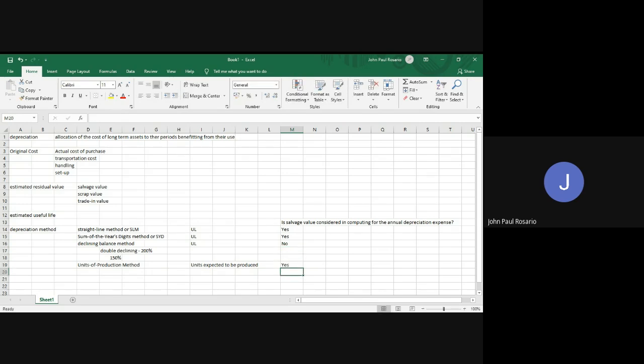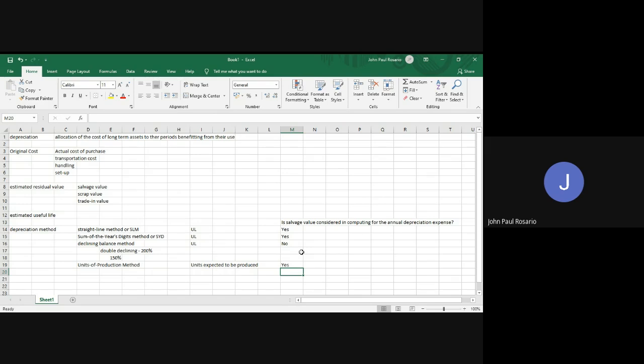So you always have to remember that when using the declining balance method, your salvage value will not be considered during the calculation, but it will be considered when determining the last year's depreciation expense.